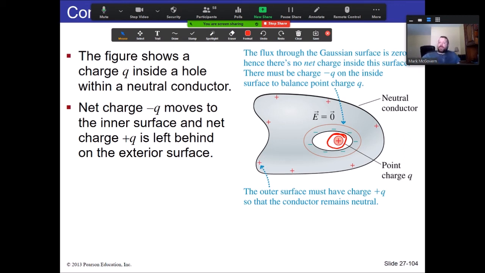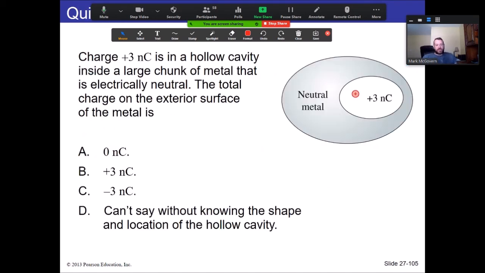Whatever charge is in that cavity, the same amount of charge has to appear on the inner wall of the conductor to cancel out the charge and to ensure the electric field is zero. So if there are things inside of your cavity for the conductors, you do have to worry about the charge on there. We'll do some examples of that so you see it.